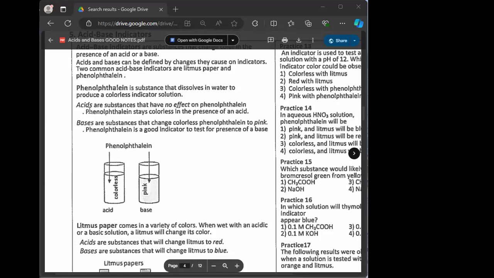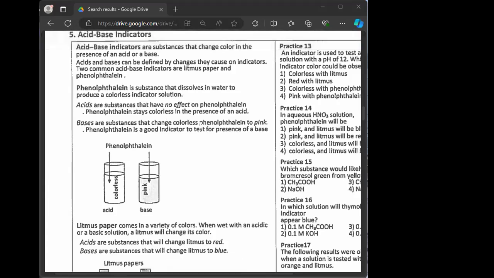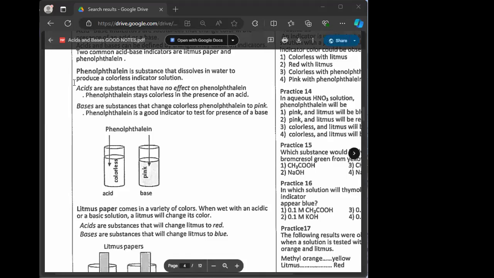Acids have no effect on phenolphthalein, and bases are substances that change phenolphthalein to pink. So when we add phenolphthalein to a base, it turns pink.